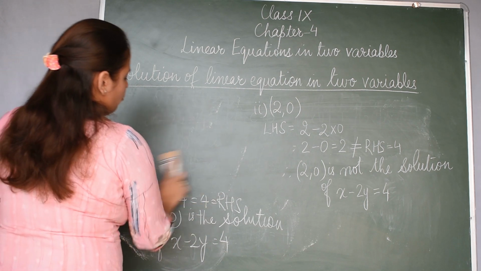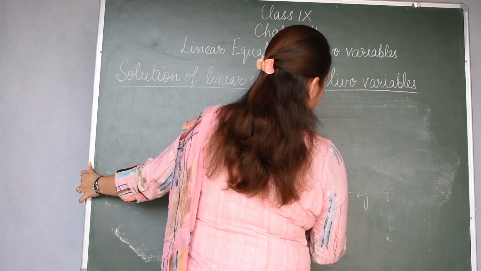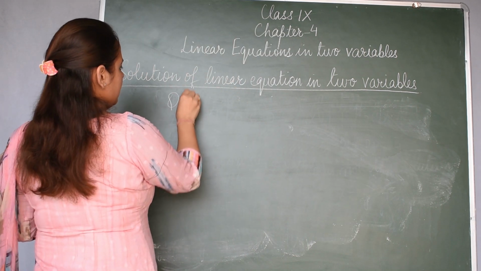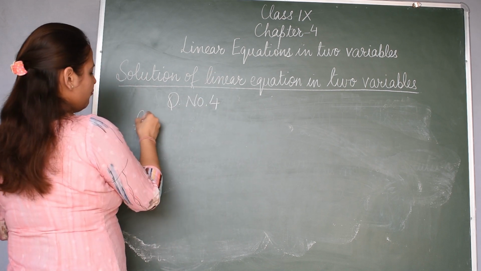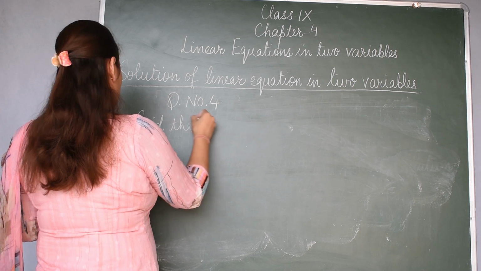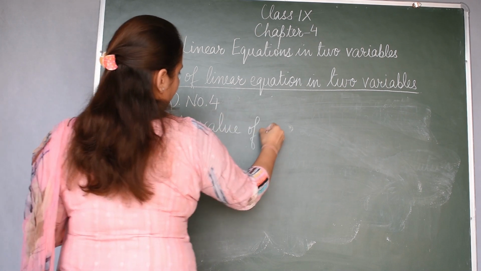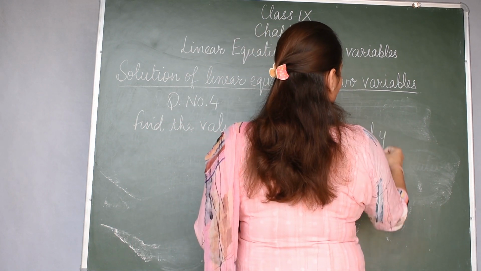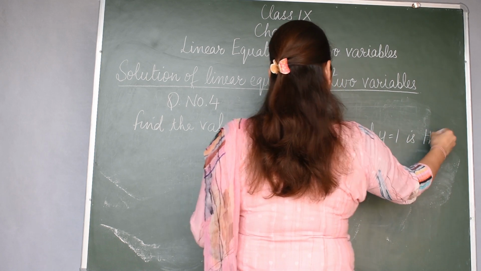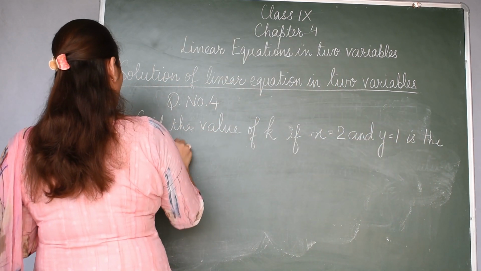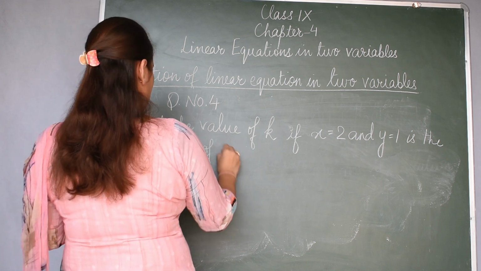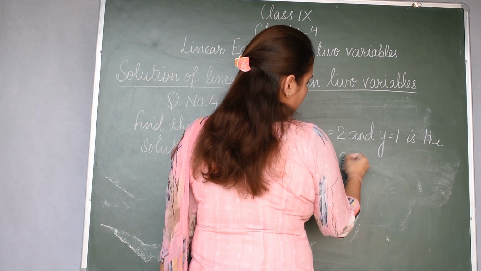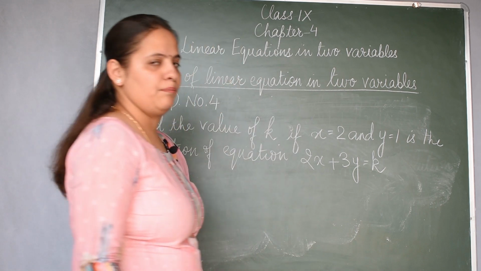Now question number 4. Your question number 4 is, you need to find the value of k if x is equal to 2 and y is equal to 1 is the solution of equation 2x plus 3y is equal to k.